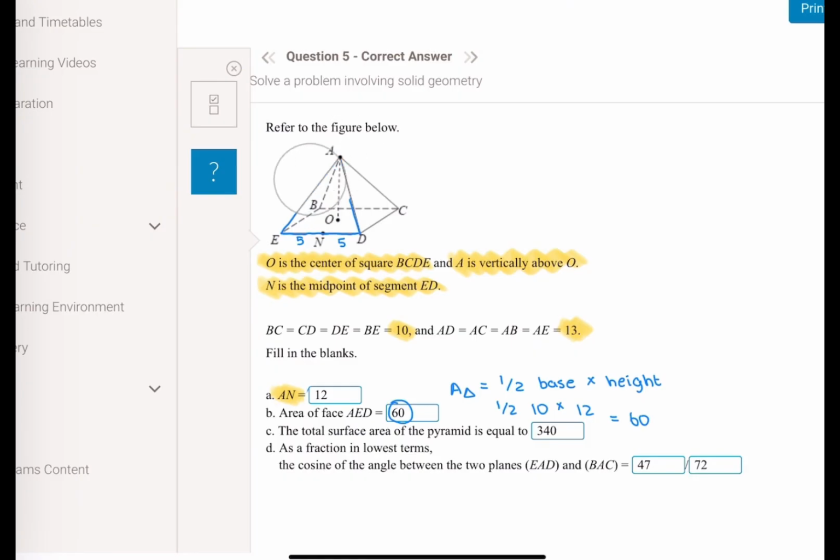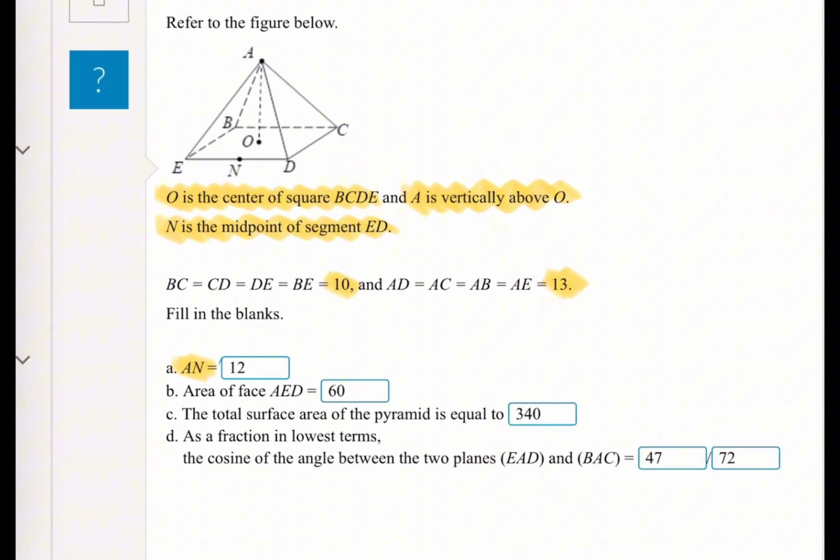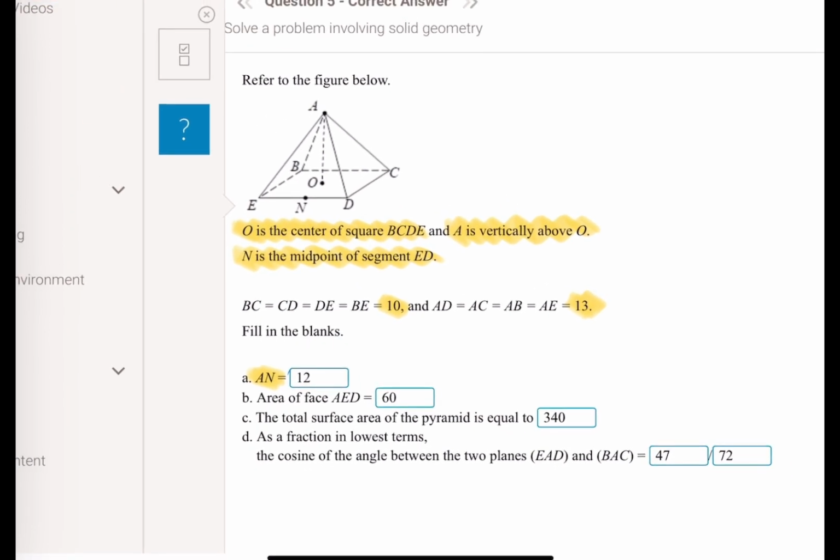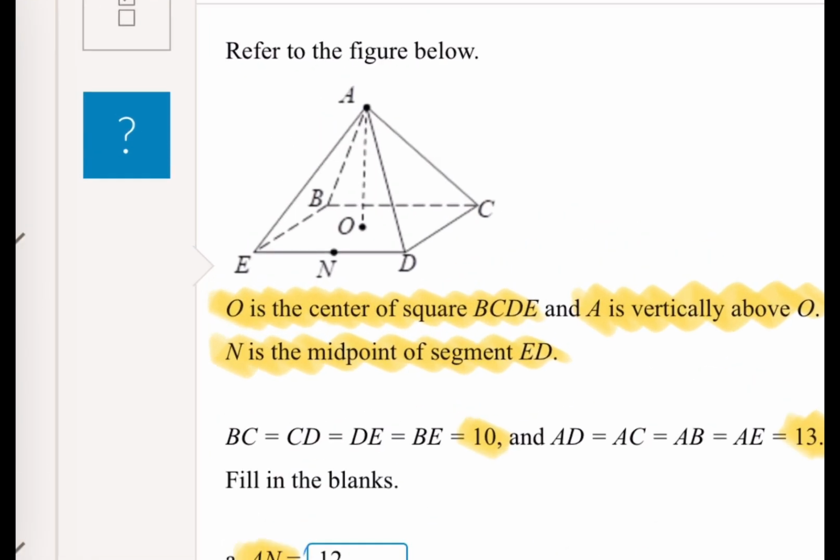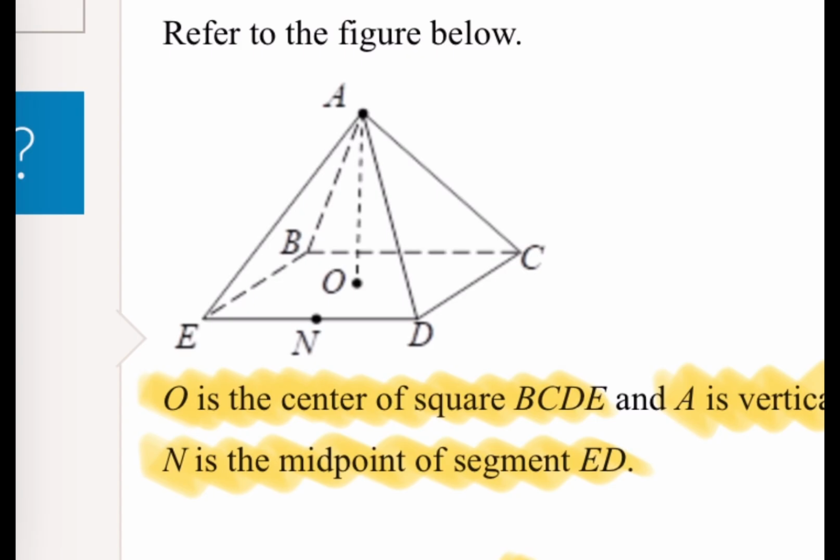Moving on to the next question. Here they're asking you to find the total surface area of the pyramid. Alright, so the total surface area of the pyramid. So let's look at what the pyramid is made out of. So you have one face here at the front, and then you've got one face over here.